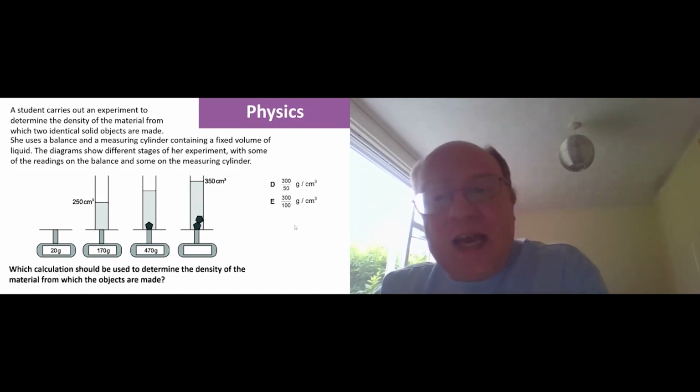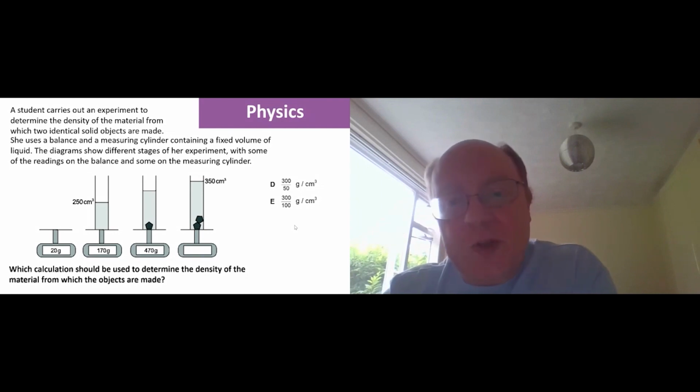However, the answer is not E in this case, because if you notice in the diagram, it has two of the objects. So two of the objects have a volume of 100 cubic centimeters, so one of the objects will have a volume of 50 cubic centimeters. So the correct answer here is D.